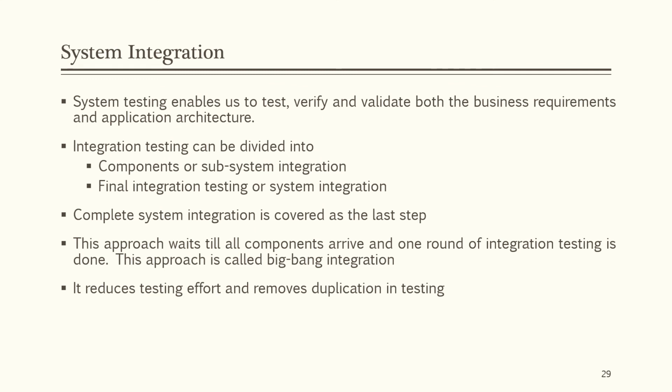Complete system integration is covered as the last step. This approach waits till all components arrive and one round of integration testing is done. This approach is called Big Bang integration. It reduces testing effort and removes duplication in testing.